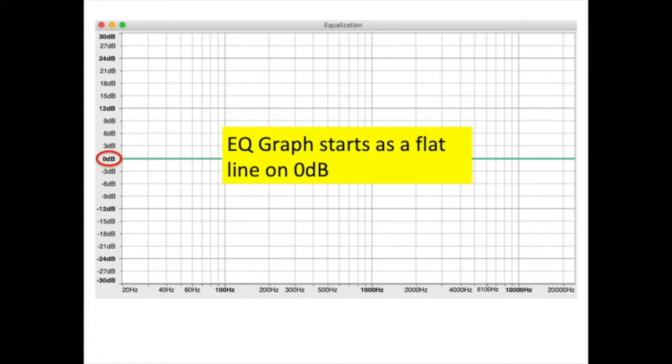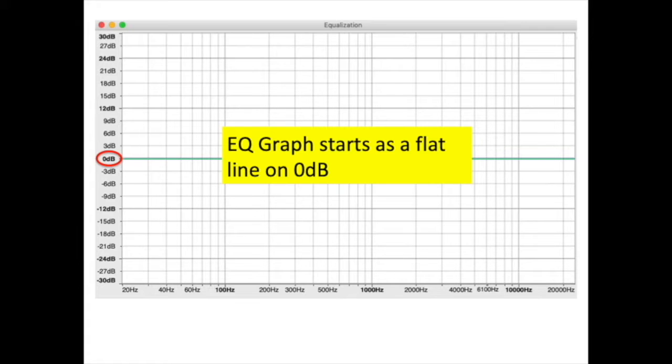Now, the vertical axis measures volume, which is measured in decibels, lowercase d, uppercase b. Now, on the vertical axis, one of the first things that jumps out is this 0 dB. Now, what does that mean? Okay, well, 0 dB does not stand for zero sound or no sound. 0 dB is the volume you establish when you record your track, or the raw recording.